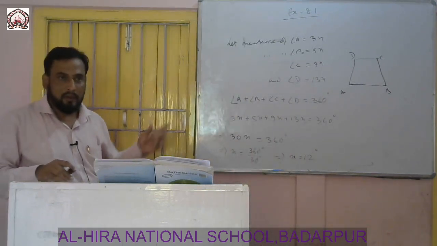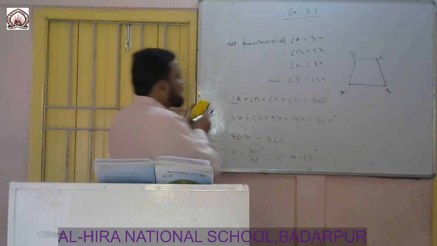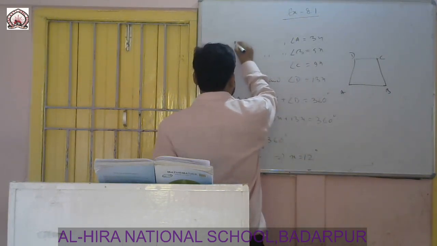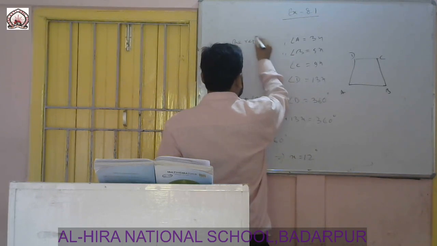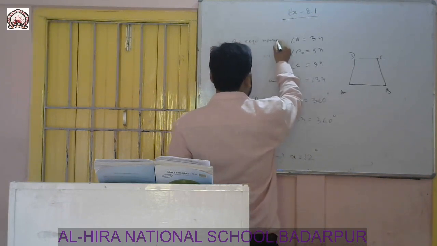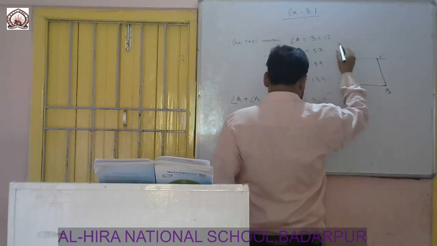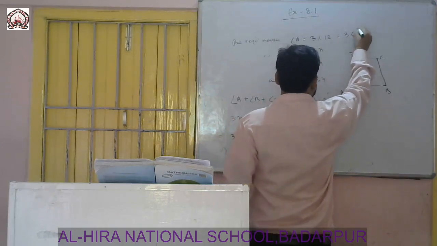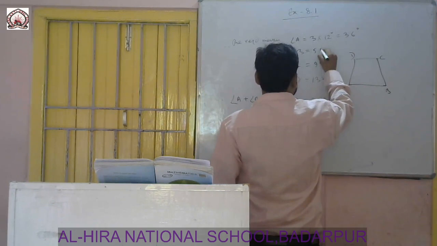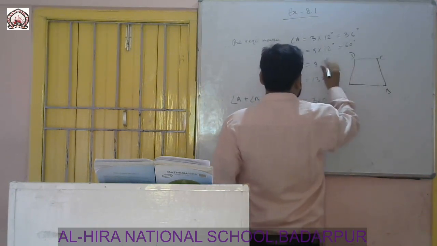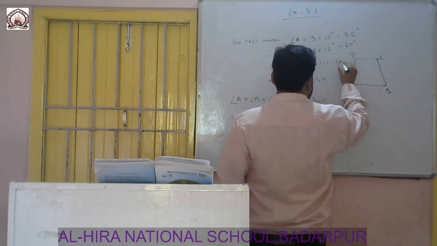So if the value of x is 12, then the required measure of angle A is 3 into 12, which is 36 degrees. 5 into 12 is 60 degrees. 9 into 12 is 108 degrees.